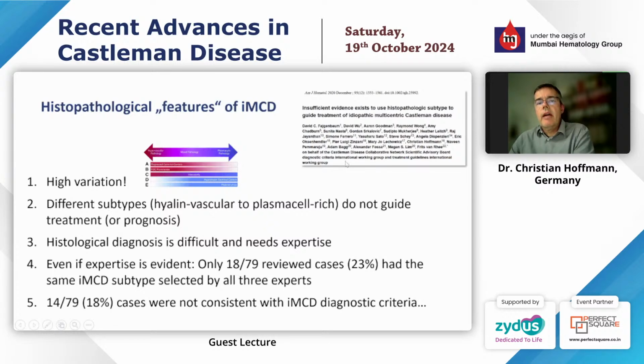I've highlighted this paper because it's really interesting: only 18 of 79 reviewed cases had the same IMCD subtype selected by all three experts. This shows how difficult the diagnosis is. And of note, almost 20% of the cases were not consistent with the IMCD diagnostic criteria. So it's a really difficult pathological diagnosis.